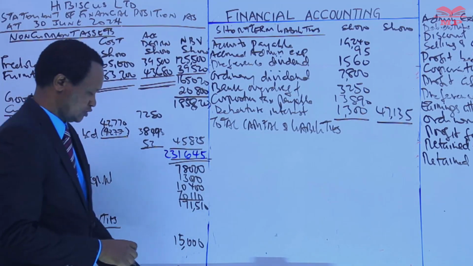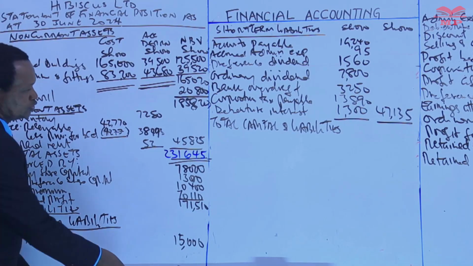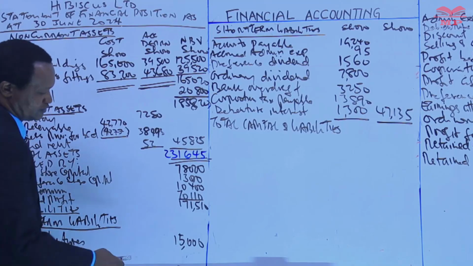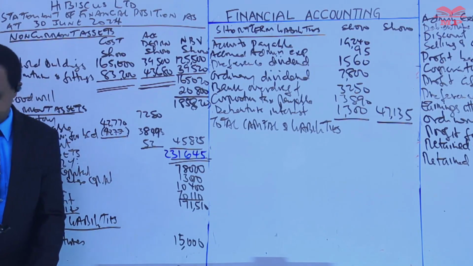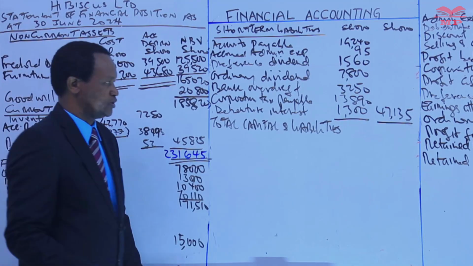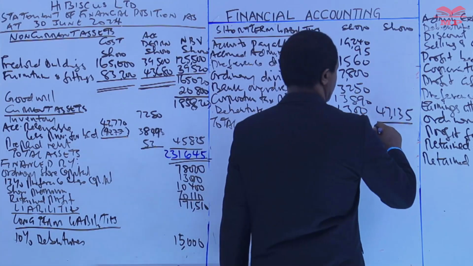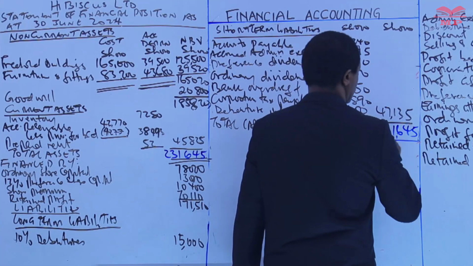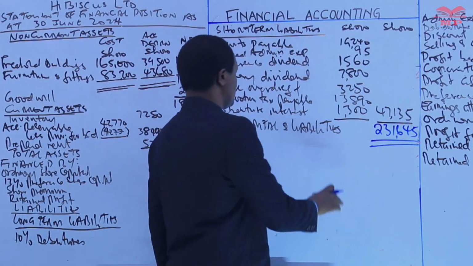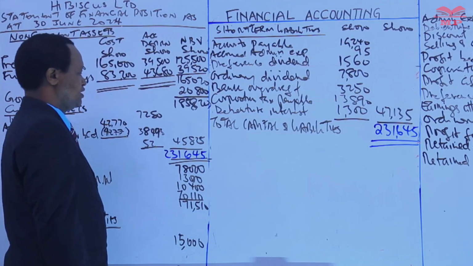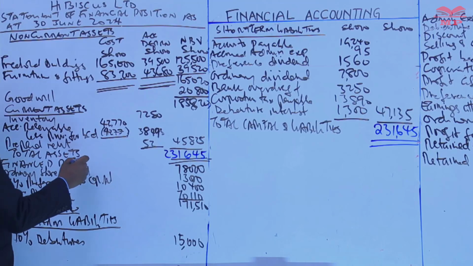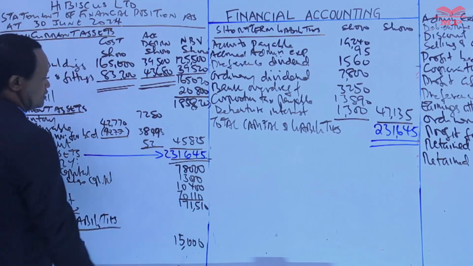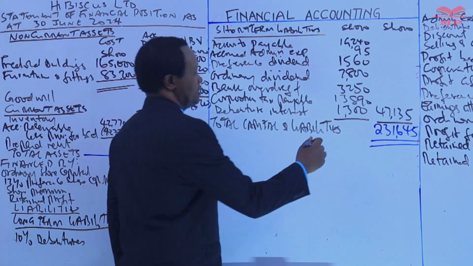What is the total? It should total 231,645. Is it 231,645? So the total capital and liabilities must equal the total assets. This must agree.